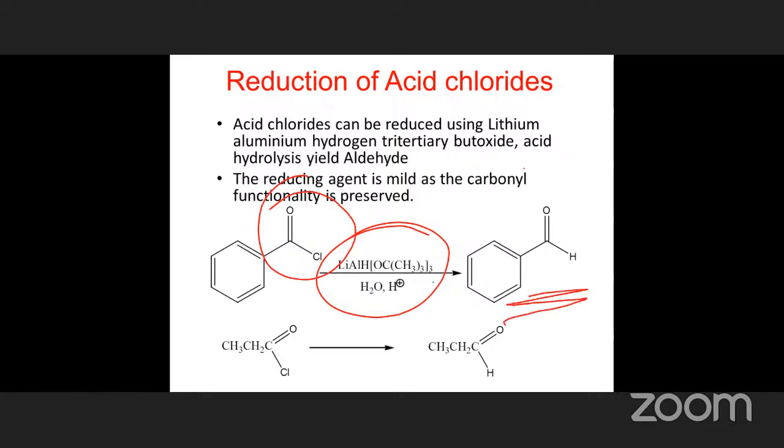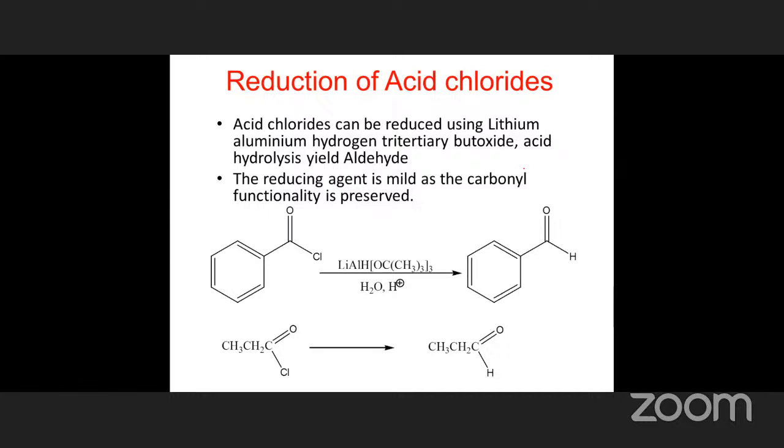Okay, this is benzaldehyde. Now, I wonder, will you be able to name this using IUPAC? Think about it and let me know in the next class. What is the IUPAC name for this compound? Okay, so that's one example.